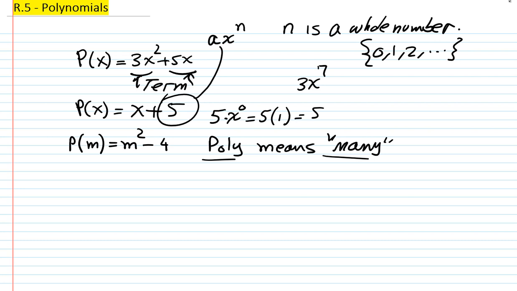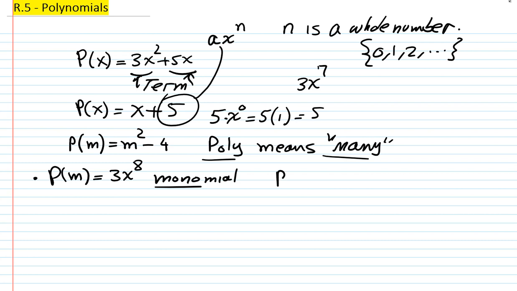Nomials, terms. Now, if a polynomial has only one term, there's not that many terms when there's just one. For example, 3x to the 8th power. Because it only has one term, we call this more appropriately a monomial, mono meaning one, one term.